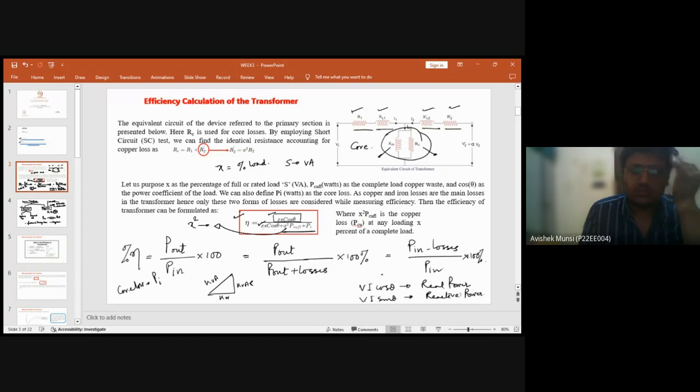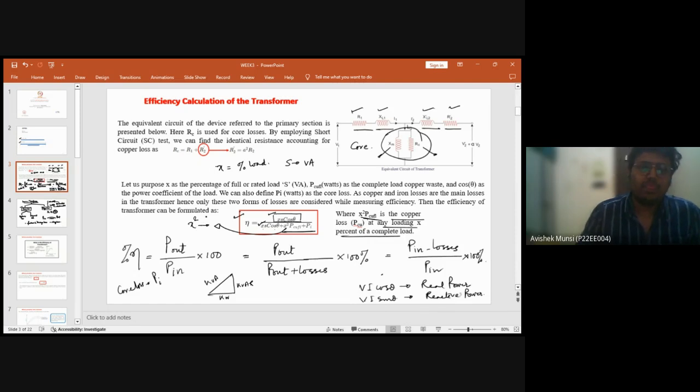Note it down in your copy: this is basically x kVA cos theta plus x square into copper loss plus the iron loss. The x square copper loss is the copper loss at any load x. If the transformer is operating at full load, then x should be 1 and the copper loss should be the complete PCUFL that is given over here.